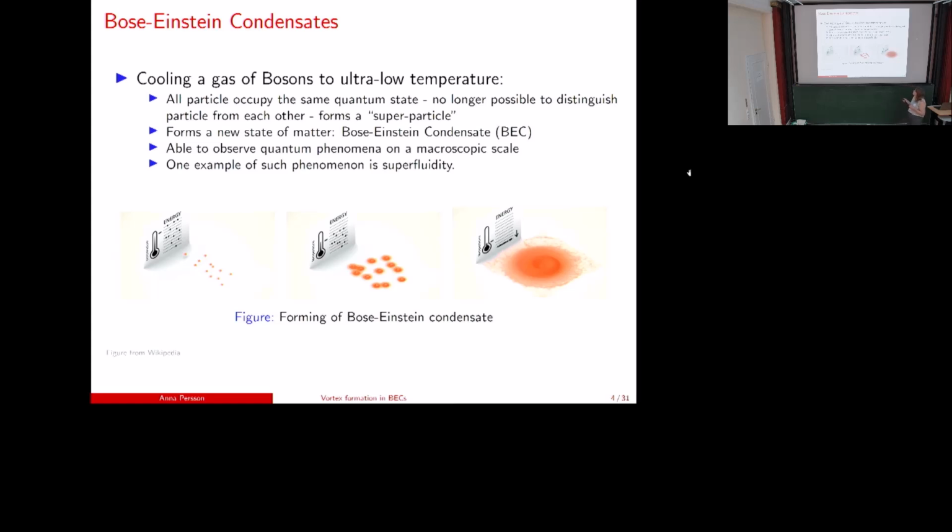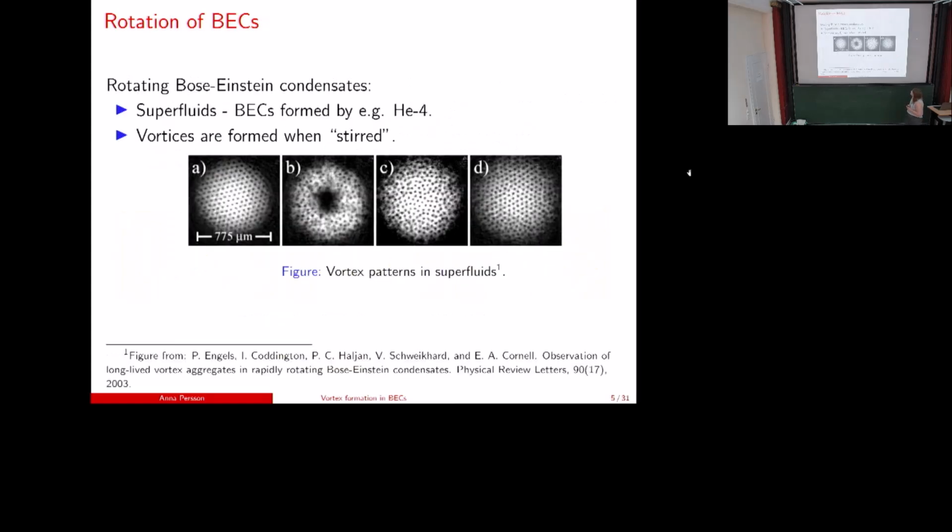One example that we also want to study in this work is superfluidity. This is a fluid with 0 viscosity. It's able to move without friction. So this is what it can look like.